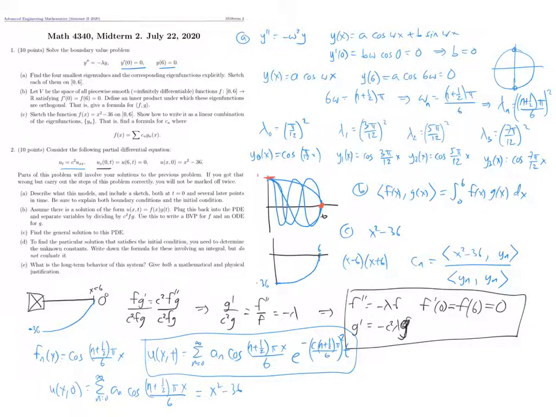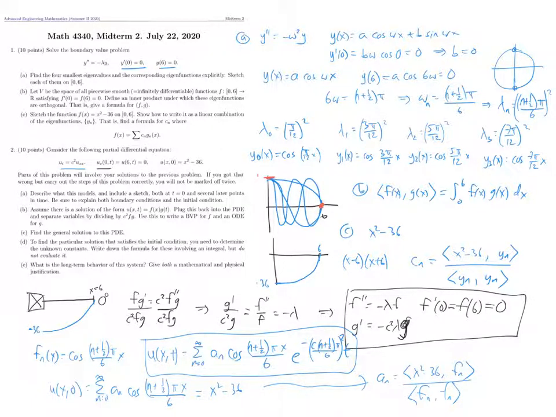And that is exactly what we did in part C in the previous problem. So we now have a solution for the ans. An is just going to be the inner product of x squared minus 36 with this cosine term, which I'm just going to call Fn, because it's the nth eigenfunction, divided by the inner product of Fn with itself.